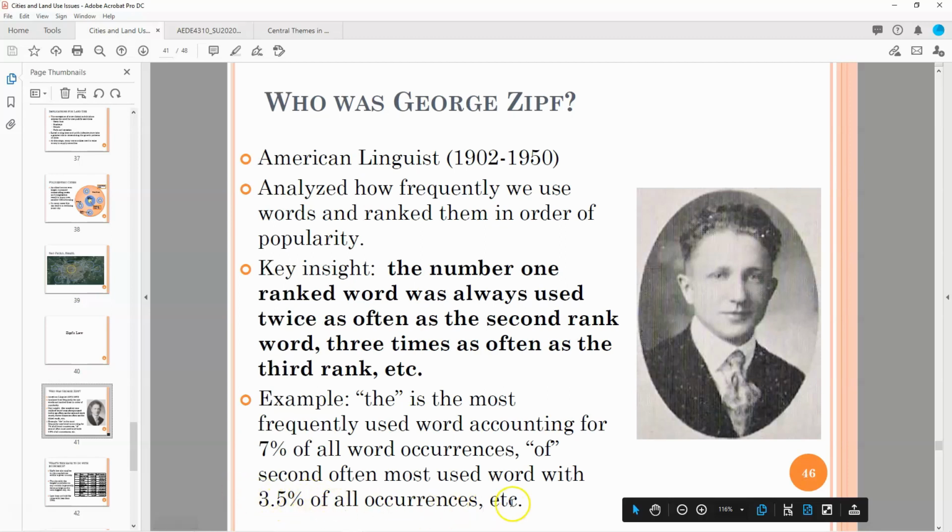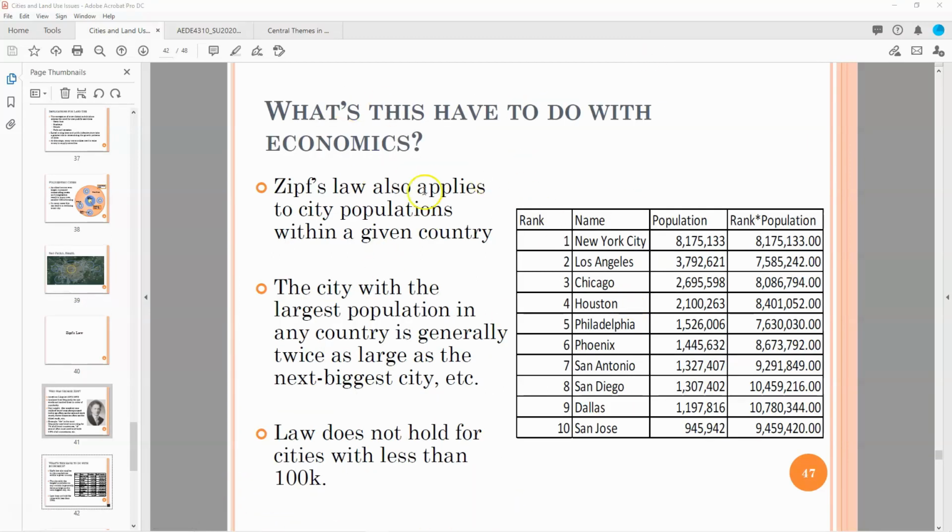3.5% of all occurrences. And in this slide, we apply Zipf's law to our city patterns. The city with the largest population in any country is generally twice as large as the next biggest city. So as we can see from this table, the population of New York City is twice as large as that of Los Angeles.